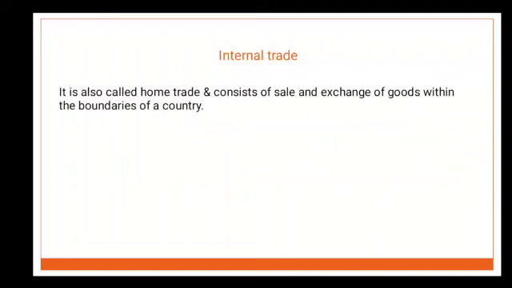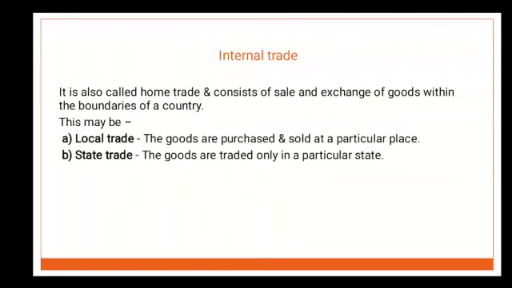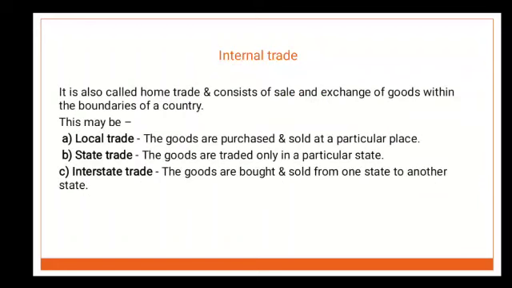In that, first, internal trade is also called home trade and consists of sale and exchange of goods within the boundaries of a country. This may be local trade, state trade and interstate trade. In local trade, the goods are purchased and sold at a particular place.